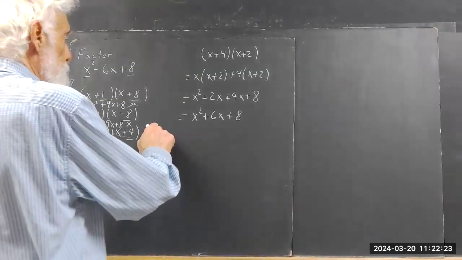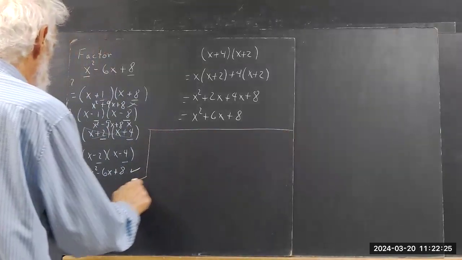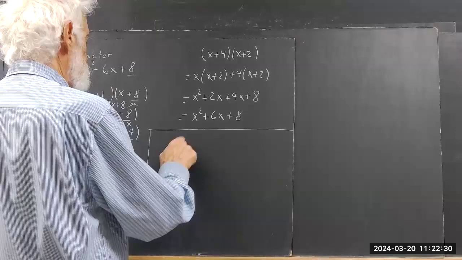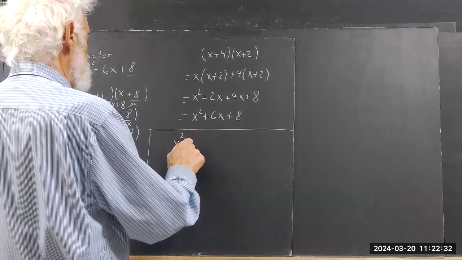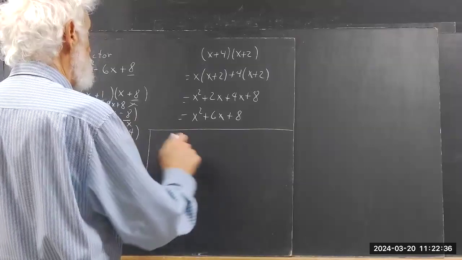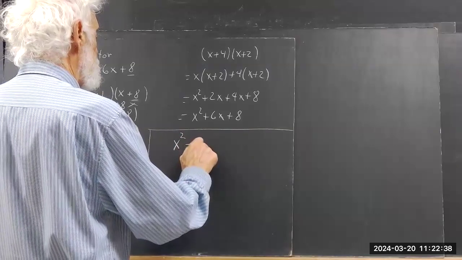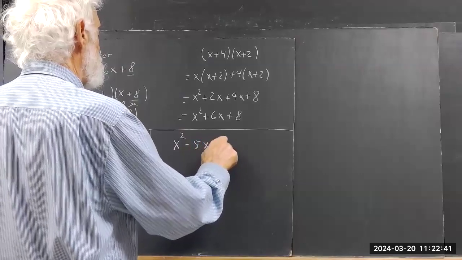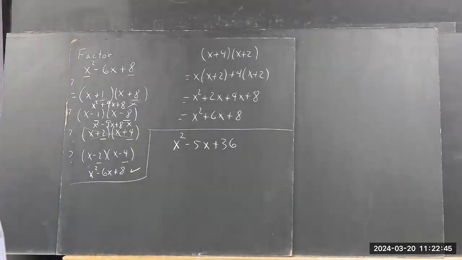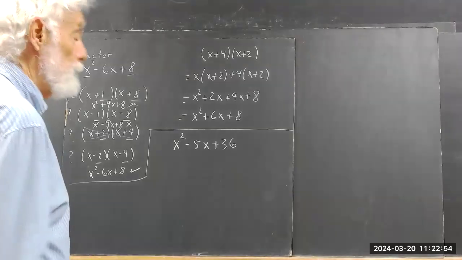Let me give you another one. And I'll write it down here. Let's make it x squared minus 5x plus 36. Now, we can write down possibilities.